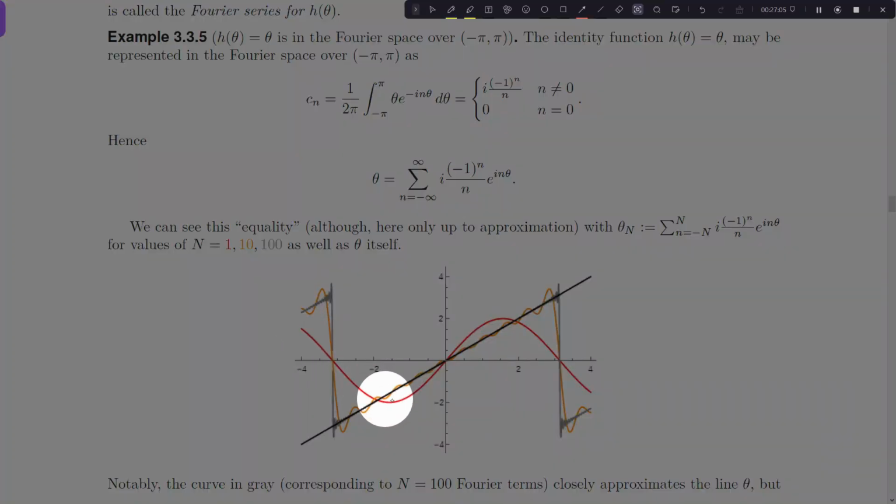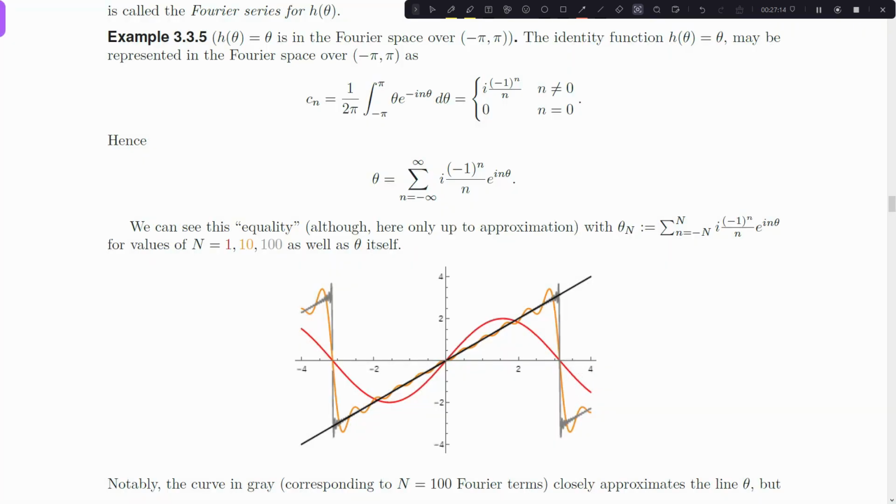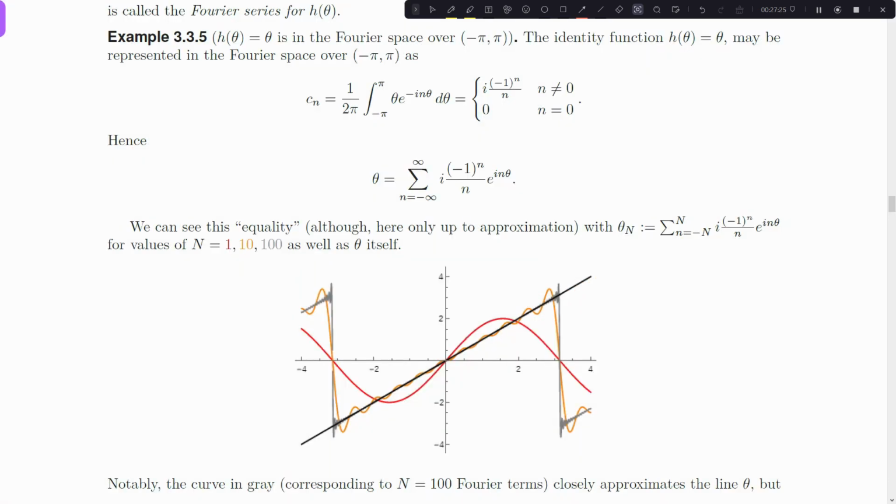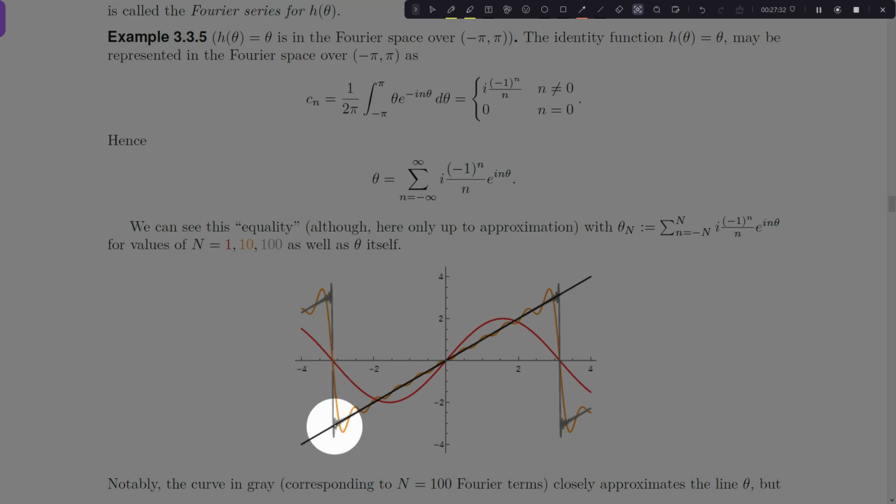And we see that this is the closest approximation we can get to 1 oscillation over the interval. If I increase my frequencies to at least 10 oscillations over the interval, and if we counted these oscillations, we would have 10 oscillations over my interval. And if we go up to 100 oscillations over the interval, then we can get closer and closer to the actual function.